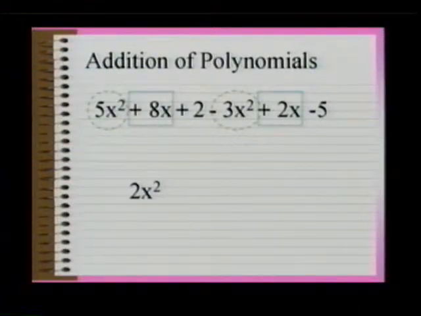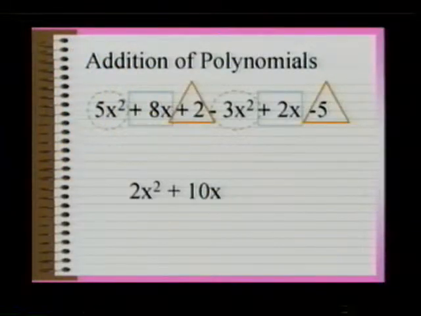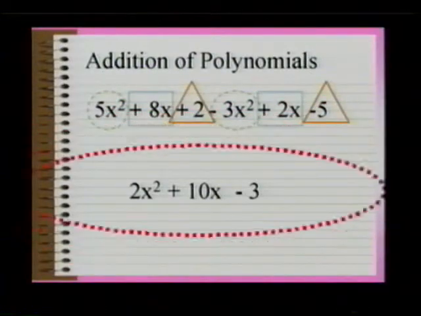Well, the 8x and the 2x, put those together to make 10x. Note that we're not multiplying these, so we're not going to add exponents. We're going to add the coefficients, the numbers in front. A little bit of a difference. And then we have one more set of like terms, the 2 and the minus 5. Adding those together, we get a negative 3. And that's all you can do with a problem like this, is add like terms.